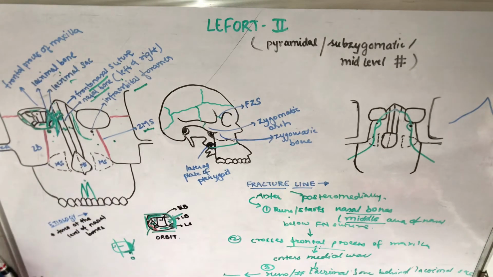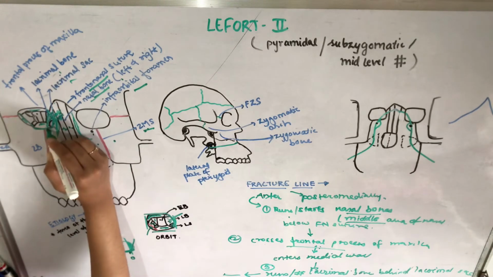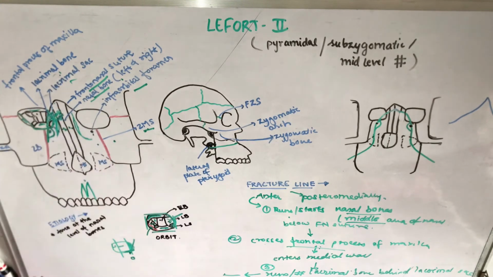So there are 2 scenarios in this. So it can go through this infraorbital foramen or it is medial to the infraorbital foramen. So these are the 2 scenarios which you will see, but it is never lateral to it. So this fracture line, it is passing through this infraorbital foramen or it is medial to it, but it is never lateral to this infraorbital foramen.